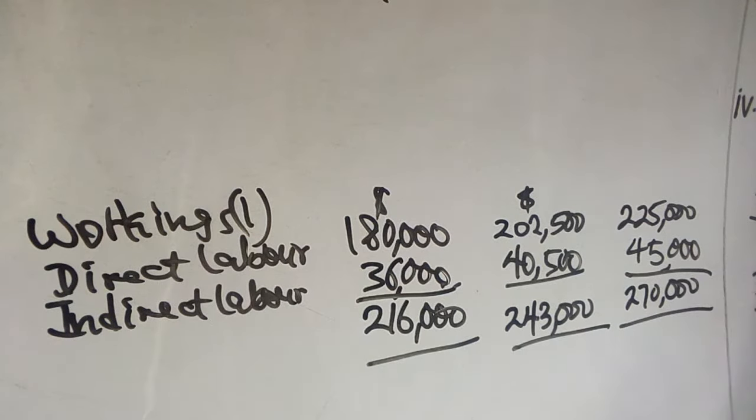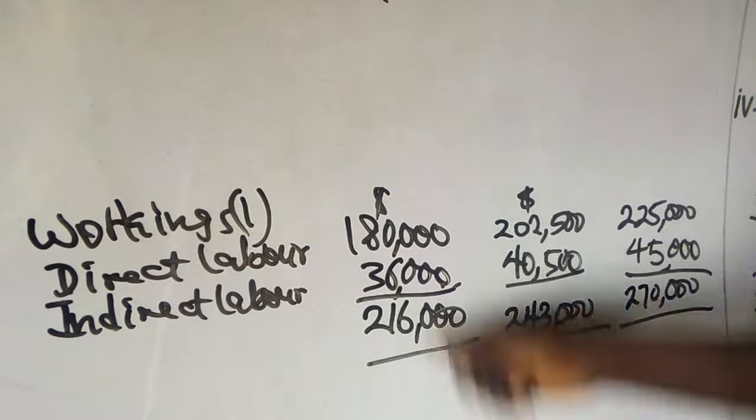Remember in note 3, you were told that the canteen and other welfare service is 6% of the sum of the two.